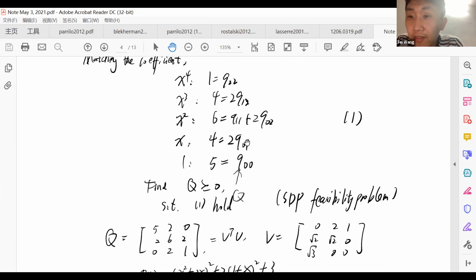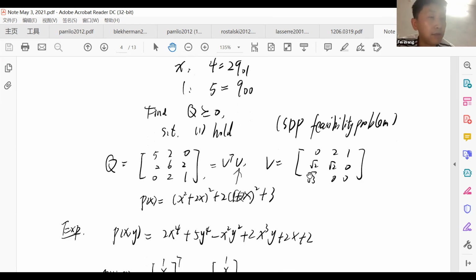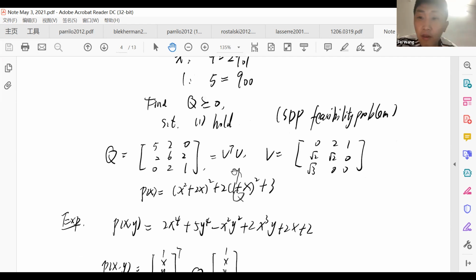We want to find a Q which is positive semi-definite such that all the linear constraints hold. We can throw it into an SDP solver, like in MATLAB, and then we get this solution. We found this Q.